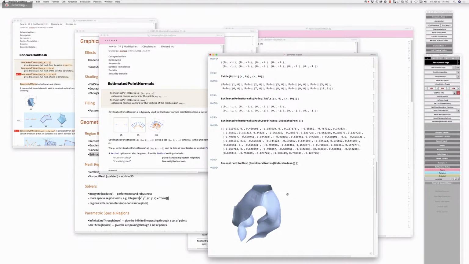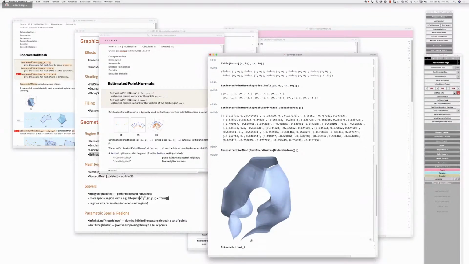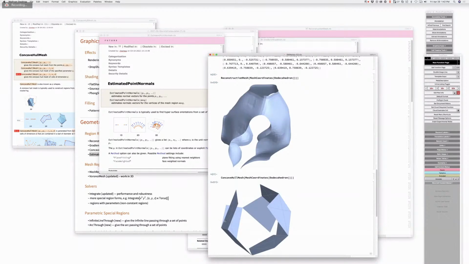The method we currently have assumes that the surface you want to rebuild is smooth and closed.